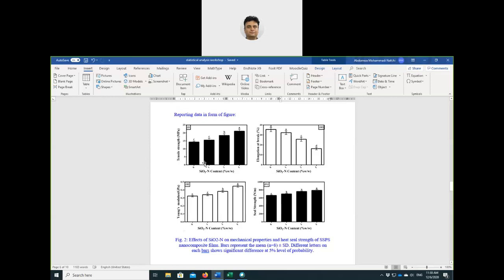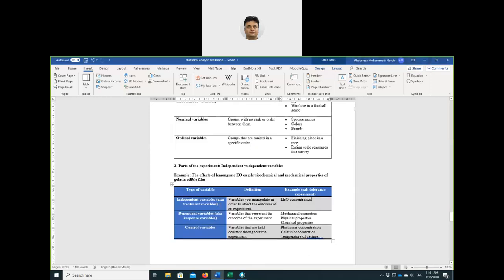You can do that, but don't forget that it's not popular. People first wear the socks and after that wear the shoes. So don't forget that if you want to draw the chart, the independent variable goes on the horizontal and the dependent goes on the vertical part.